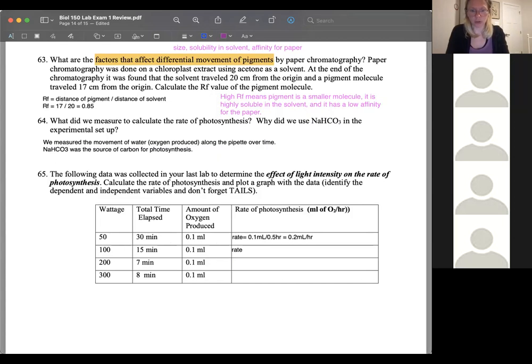Excellent, and then for this one, 15 minutes is how much of an hour? 0.25. Yes, 0.25 hours. 0.4.